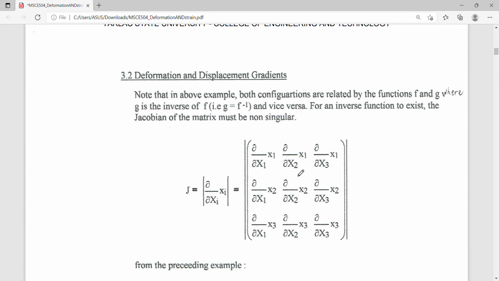So let's go back to some matrix algebra concepts here, wherein a Jacobian is defined as the partial derivative of the Lagrangian description with respect to the Eulerian description, or simply the Jacobian is the determinant of the partial derivative of small xi with that of the capital Xi.